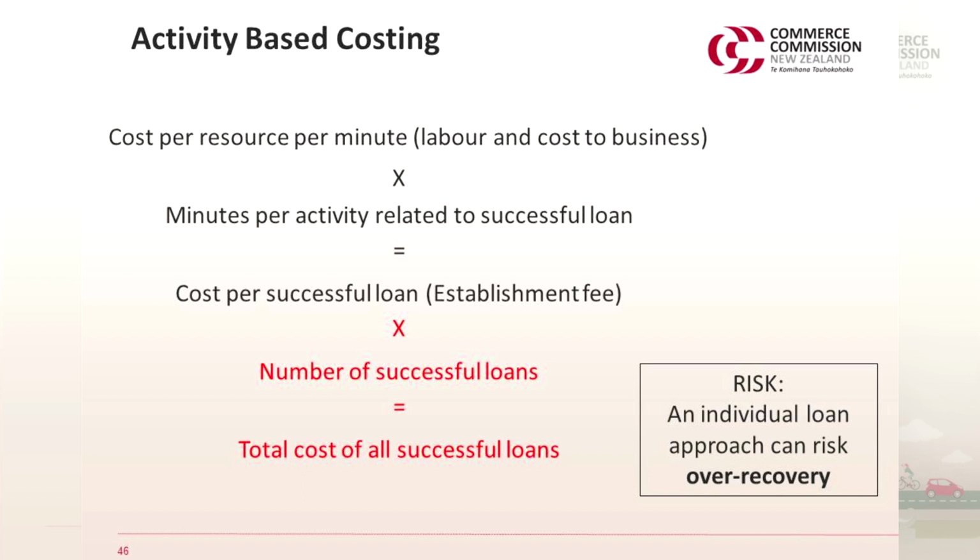A useful tip is to work backwards again to cross-check what you're doing. You still with me? I've got some good-looking faces, I'm not seeing drifting off, which is great. If you multiply that establishment fee by the number of successful loans, that will give you the total cost of all successful loans. I can give you an example where we've seen this.